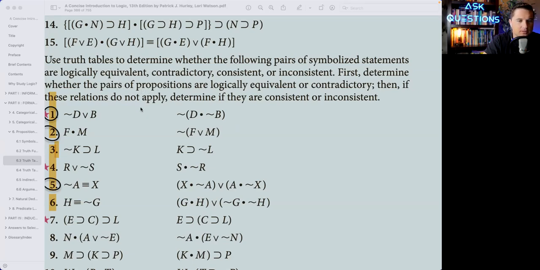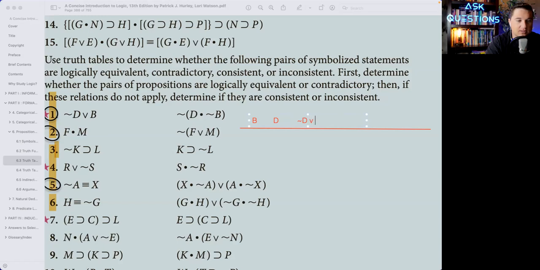We are going to start with our horizontal line. And what letters do you see? I see D's and B's, and we're going to put them in alphabetical order. So B first, and then D. And then each of the statements.